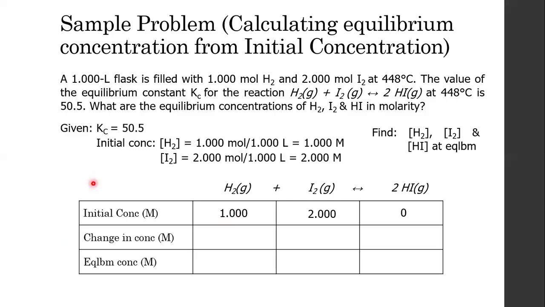Next, how about the change in concentration? We don't know how much less or how much more the initial concentrations would change to achieve equilibrium. So we just set an arbitrary variable, just like when you did work problems or age word problems during your grade 8 lesson.